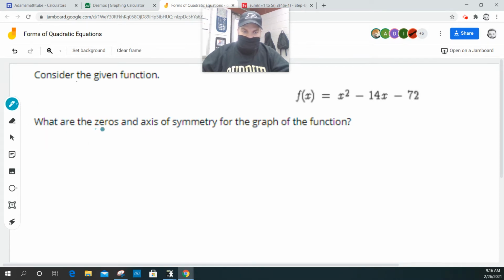So to find the zeros, I'm going to set this thing equal to 0. X squared minus 14x minus 72. I need two numbers that when I multiply them, so wait, let's label this.